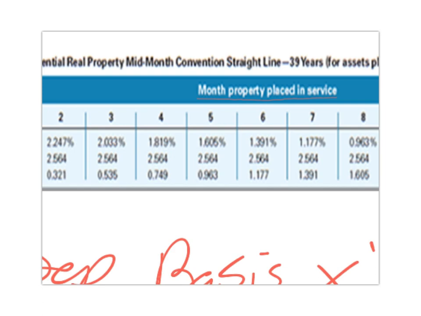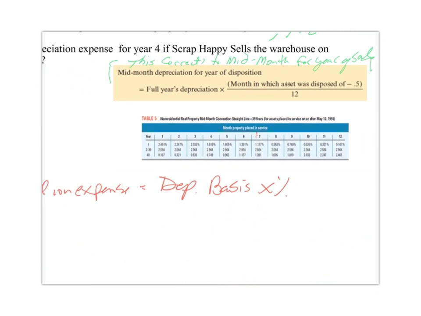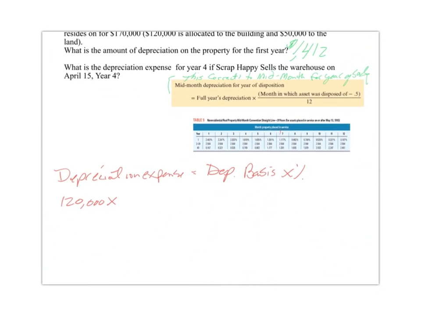When did we place this property in service? In July. So this is always going to be the column we use initially. For year 4, that 7 column is 2.564%. That would be the depreciation for this building in year 4 if they had the building for the whole year, but they don't.